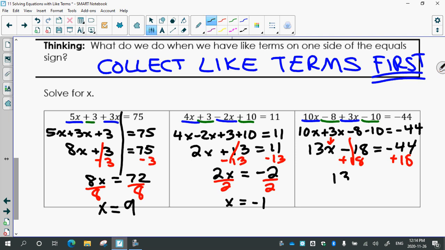Then 13x equals negative 44 plus 18. Turns out to be negative 26. Yep. Okay, and then we're going to divide both sides by 13. And get negative 2.